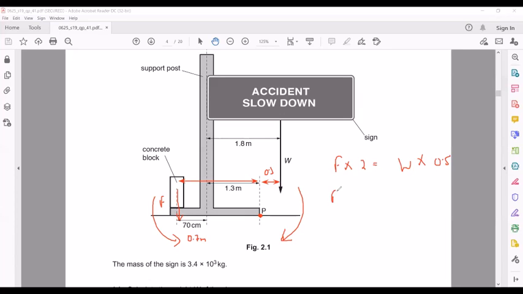The force we don't know. The distance is 2. The weight we know, that is 3.4 into 10 to the power 4 times 0.5. This is multiplied, 2 will be divided there. So that will be 3.4 into 10 to the power 4 multiplied by 0.5 divided by 2. What is the answer for this part?